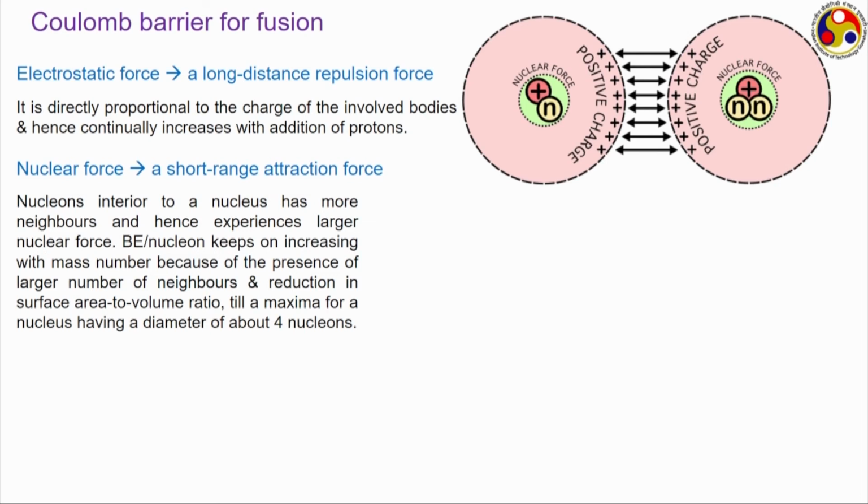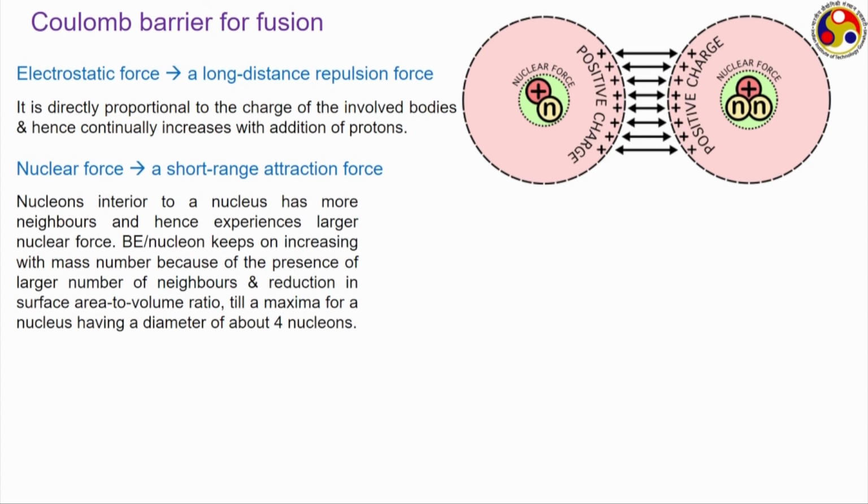Thankfully, there is a maximum of binding energy per nucleon related to the mass number, and it is found that around a mass number of 60, which we have mentioned earlier also, it reaches a maximum. That mass number of 60, the corresponding size of the nucleus, is quite similar to combining 4 nucleons together.